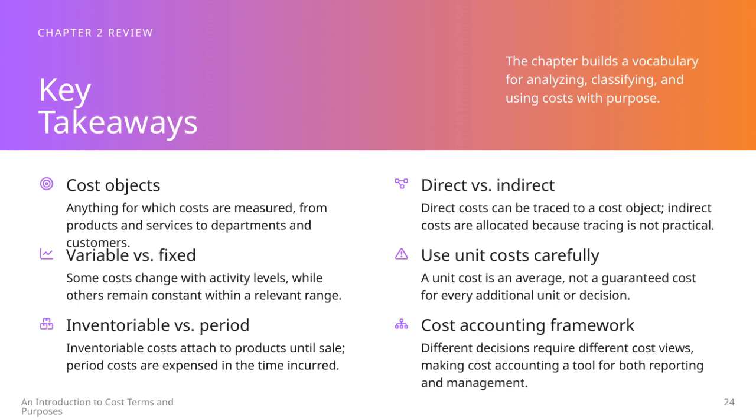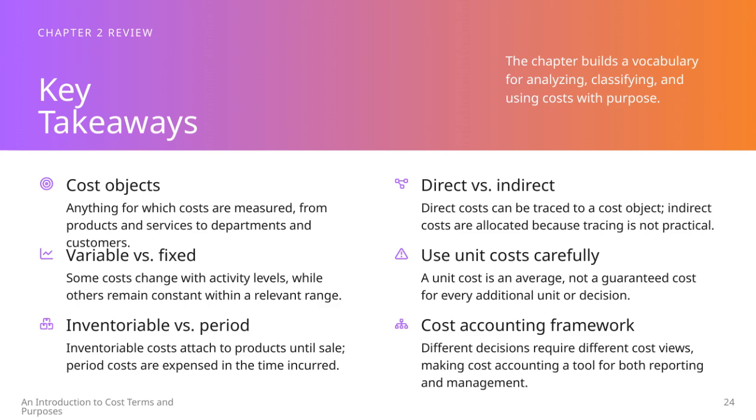Then, we distinguished between direct and indirect costs. Direct costs can be directly traced to a cost object, while indirect costs have to be allocated since tracing them exactly isn't practical. We also covered variable versus fixed costs. Variable costs change as the level of activity changes, whereas fixed costs stay constant within a certain range.